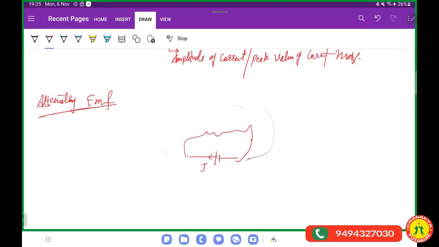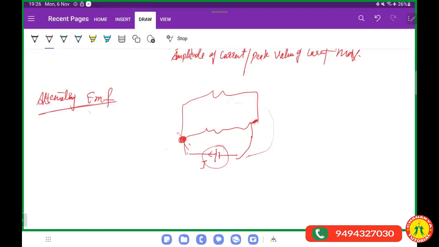But how does this battery know that current has to go here? So there is a force which is making them move. Electromotive force. That's the name. It makes sure the current is continuous.